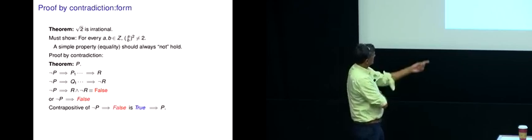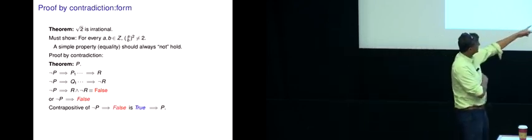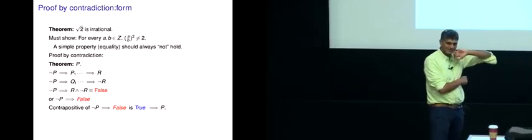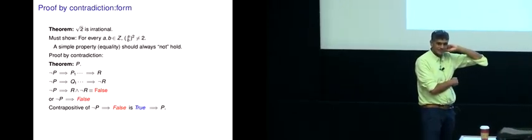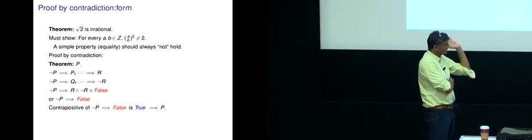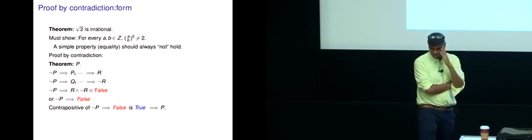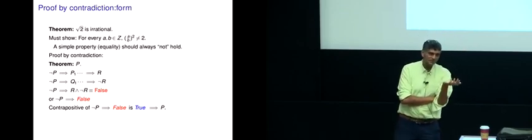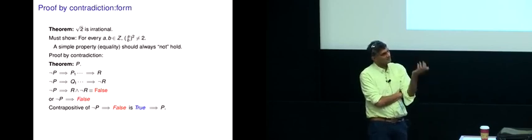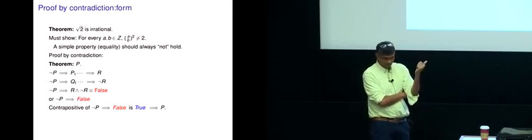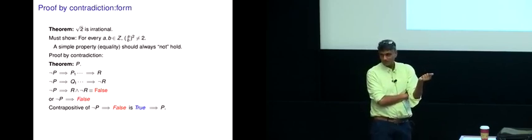What is the contrapositive of this statement? The contrapositive of not P implies false is true implies P. Right? It says that P is true. So if you use not P to prove something ridiculous, then you know it can't be true that P is false.